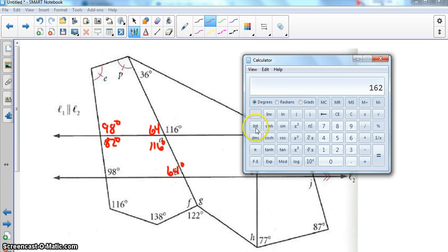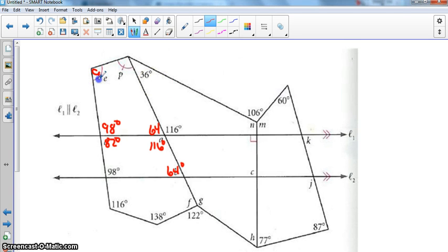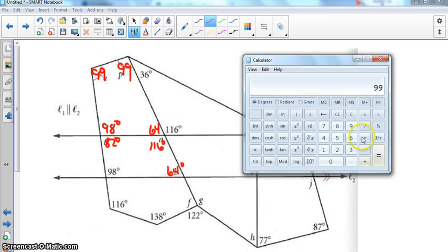So if we take 162 from our total, the 360 for the 4 angles in a quadrilateral, the remaining angle measure for these two has to be 198, and if they're congruent to each other, they have to be half. So I'm going to divide that angle sum by 2. So these are both 99 degrees, right? So if you took 99 plus 99 plus the 98 plus the 64, we should get, hey, check that out, 360. So we know we did that one right.